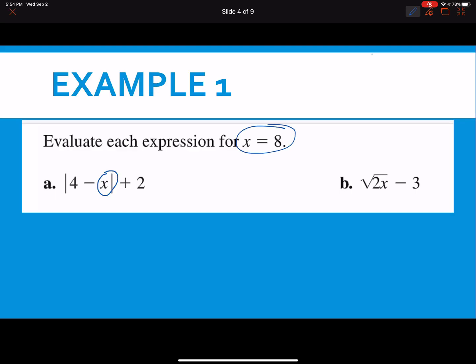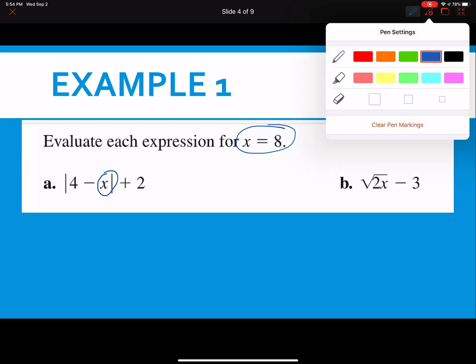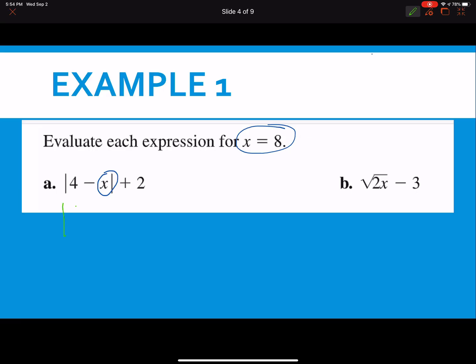Now this also has absolute value lines around this first part. Think about these as grouping symbols, just like you would parentheses. So I'm going to substitute 8 in place of x, making sure that I continue using those absolute value lines and bringing down the remainder of that expression.